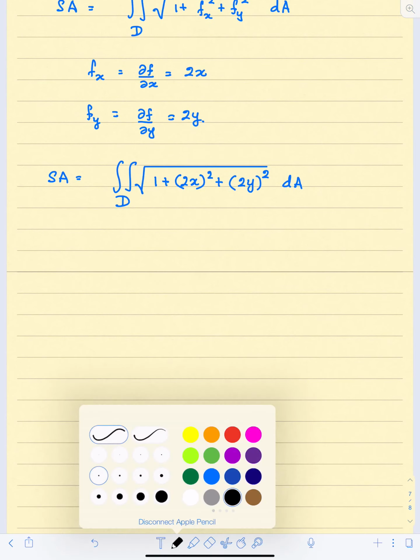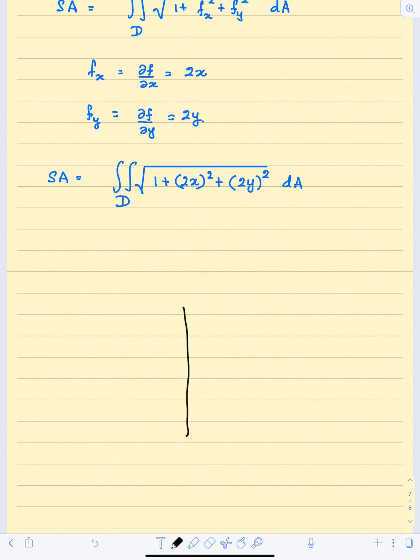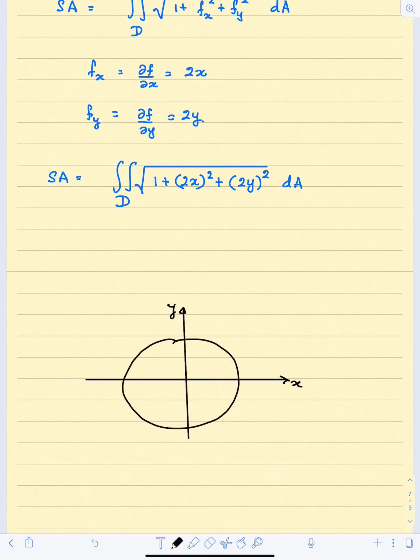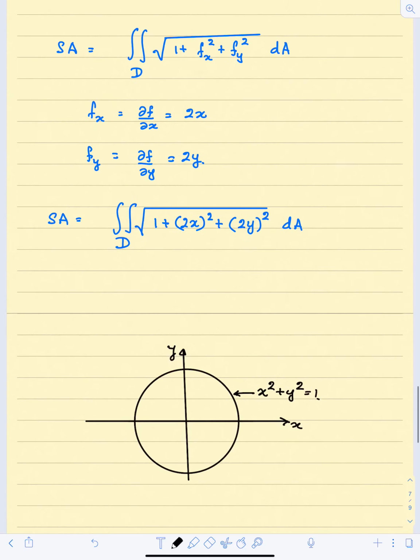So now your domain D is this: x squared plus y squared equals 1, a circle with radius 1.